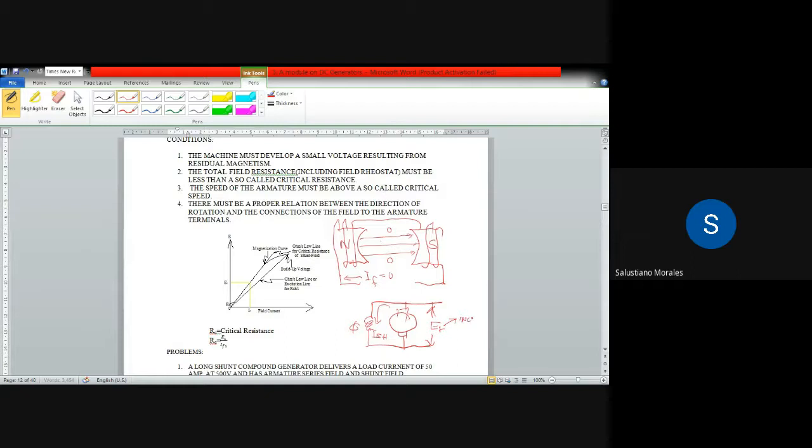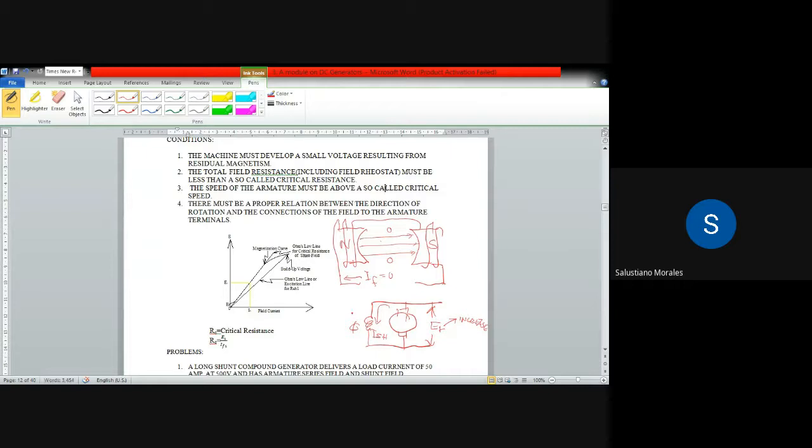So it will increase and so on. That increase of voltage is again applied to the shunt field, that will cause again to increase the field current. It will increase again the flux. So the increase of voltage is cumulative until such time that the desired voltage of the generator is already attained. So very important is the residual magnetism.